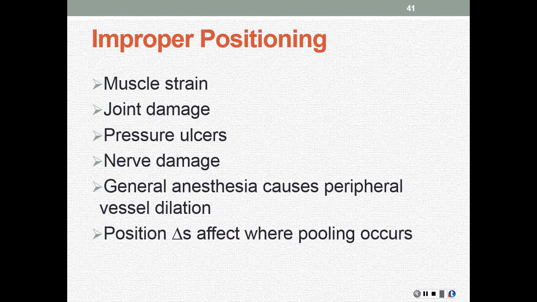You can damage their nerves. And then, like I said, general anesthesia causes peripheral vascular dilation and some pooling. Okay. So position changes affect where pooling occurs. So when you start moving around and jostling them around, you have to watch their blood pressure.